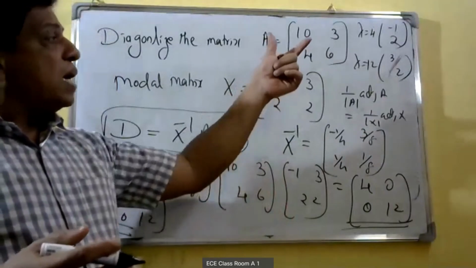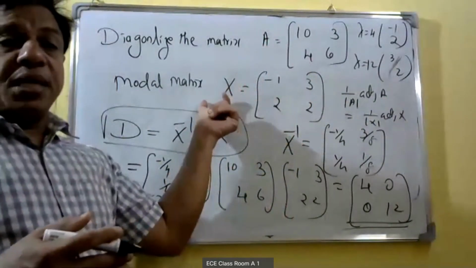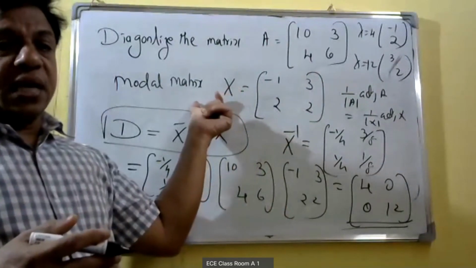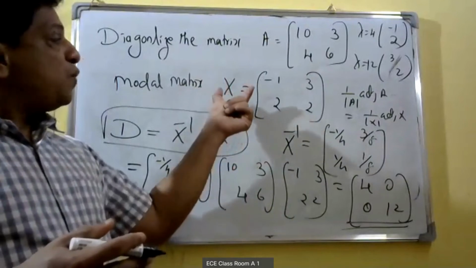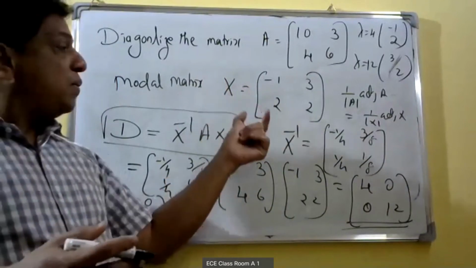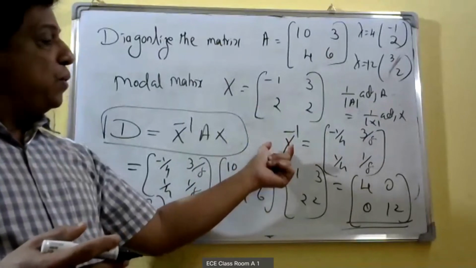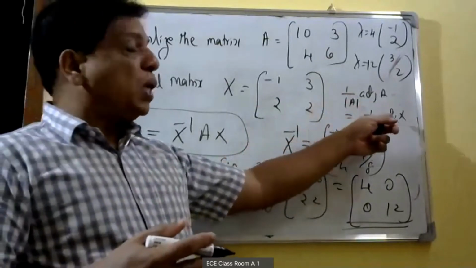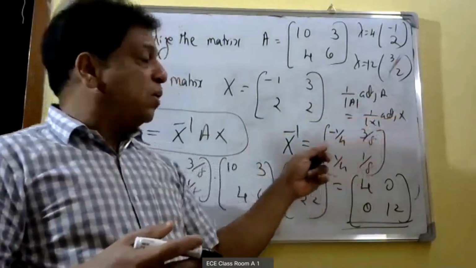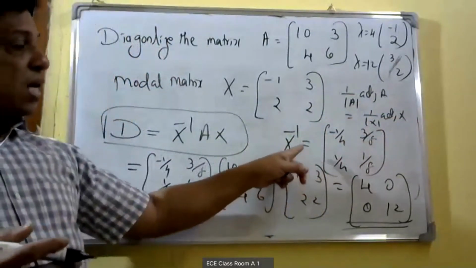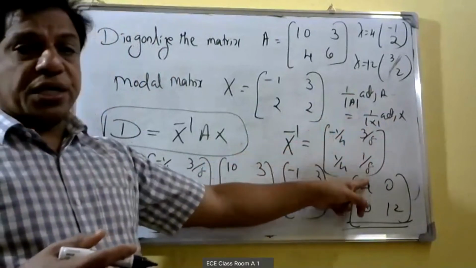Then we write these eigenvectors as columns to make a new matrix, which is known as the model matrix X. After finding X, we find X inverse using the formula 1 by determinant of X into adjoint of X. X inverse is equal to [minus 1 by 4, 3 by 8; 1 by 4, 1 by 8].